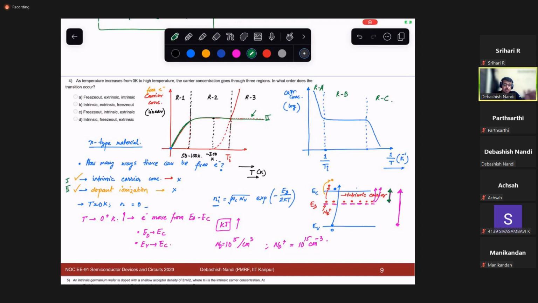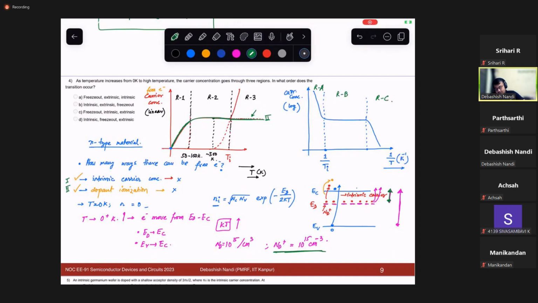Then those dopant atoms cannot contribute to any further increment in electrons. So after a certain temperature, all the electrons due to the dopant atoms will be at the conduction band, so this will get saturated. This trend will be like this.